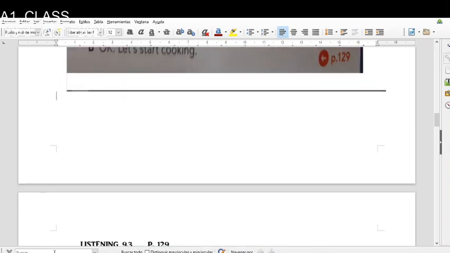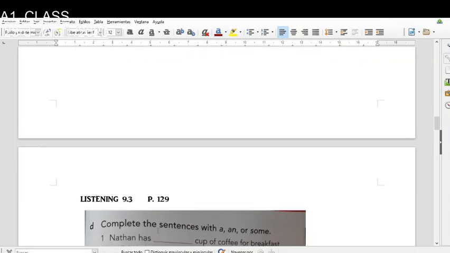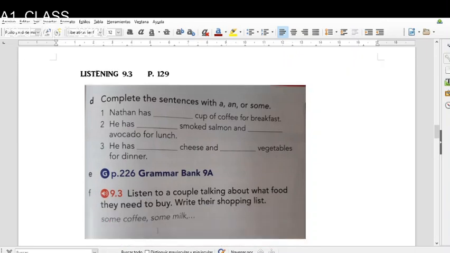Please, everybody, go open your books, or let's go back, because you were on the grammar bank on page 129. And on page 129, you have a listening. Everybody, please, page 129. We have a listening.